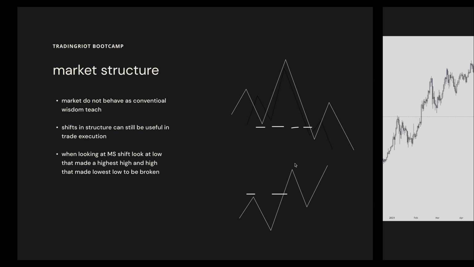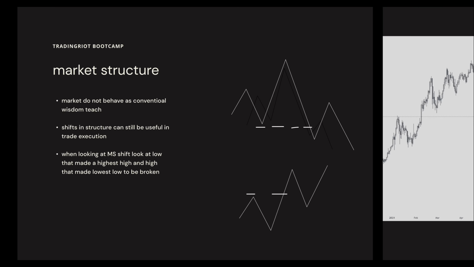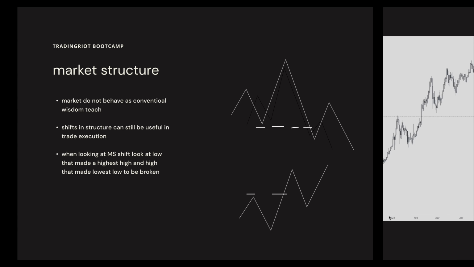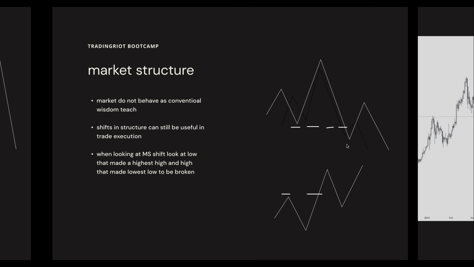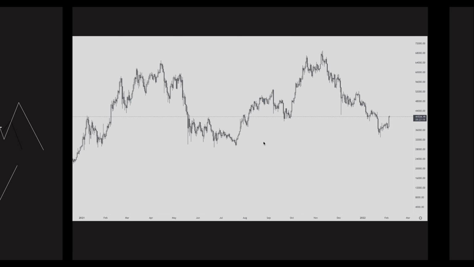If you are too aggressive, you might get taken out early, but it's still managing a trade, and I will talk about that more later on. In trade management, expecting perfect higher highs and higher lows is not going to be hurtful.